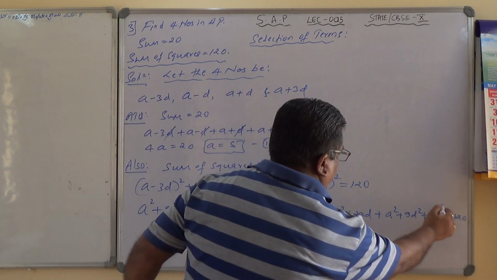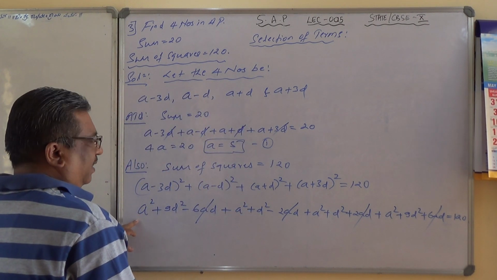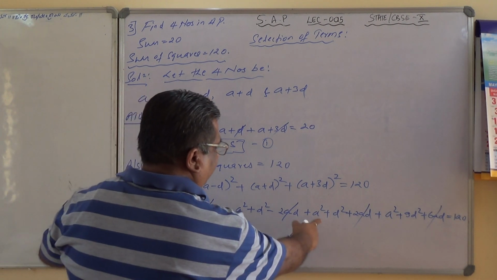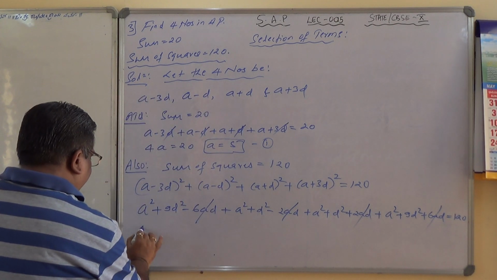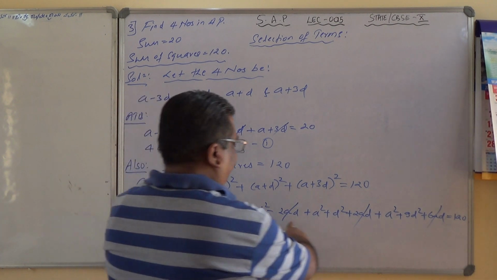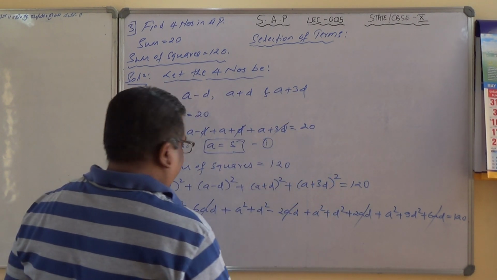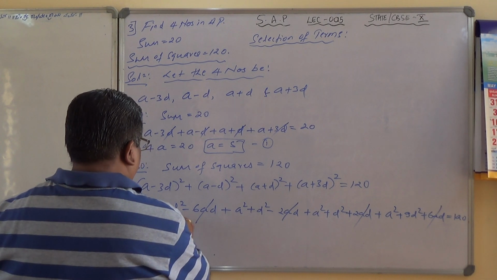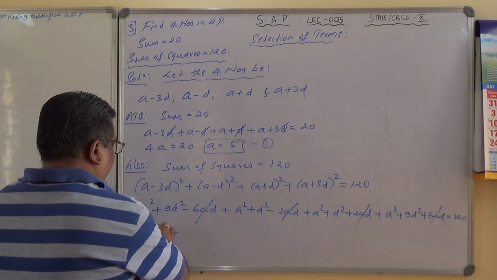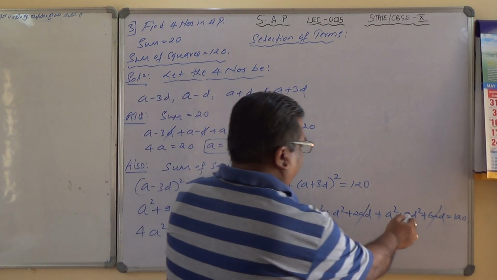Minus 6ad, minus 2ad, plus 2ad, plus 6ad cancel. What are we getting now? a square four times, 4a square, plus 9d square plus d square plus d square plus 9d square, 20d square.